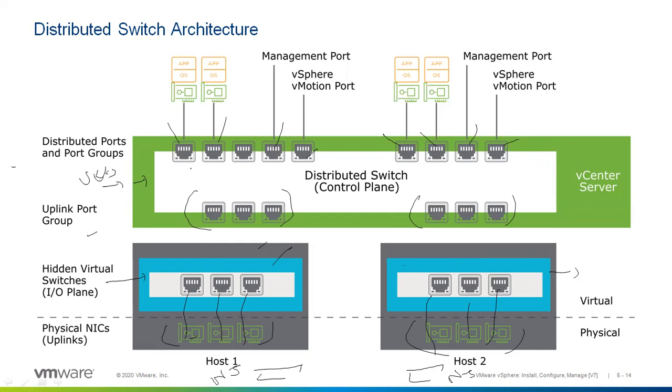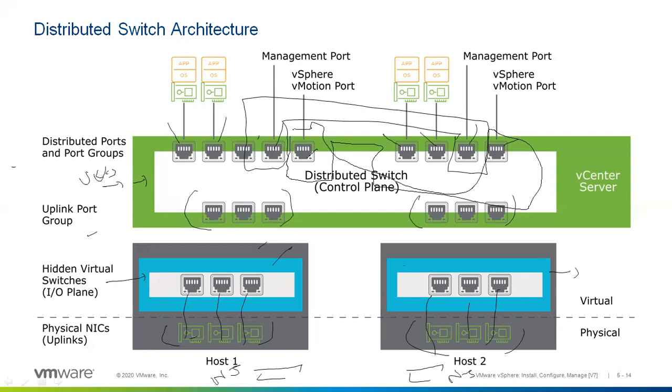Okay. So if I would say in another language, for all these settings, what the distributed switch has done is that one port group is created. For that port group, these two ports are the members of that port group. If I'm talking about management, same way, there is another port group where members are defined for vMotion.